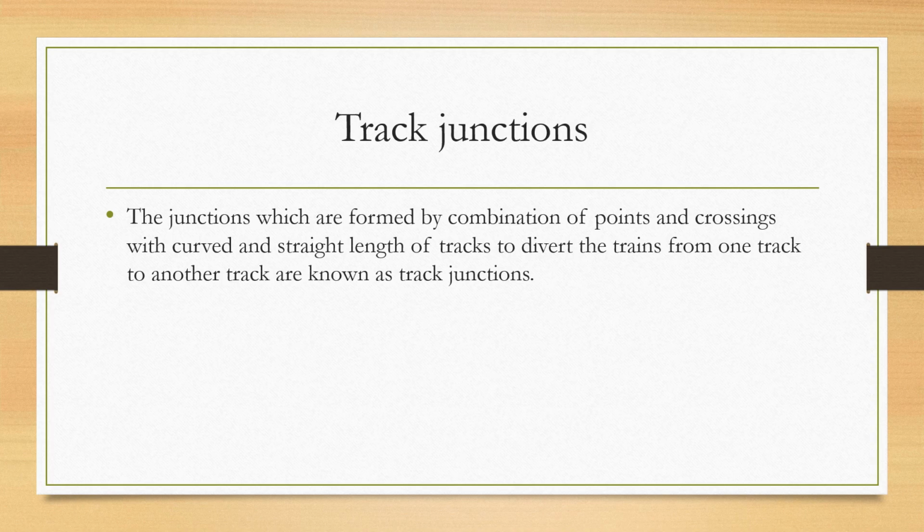Heel blocks. In the loose heel type switches, the front bolts should be sufficiently loose to permit the necessary lateral movement to the tongue rail, and the remaining bolts should be tight.